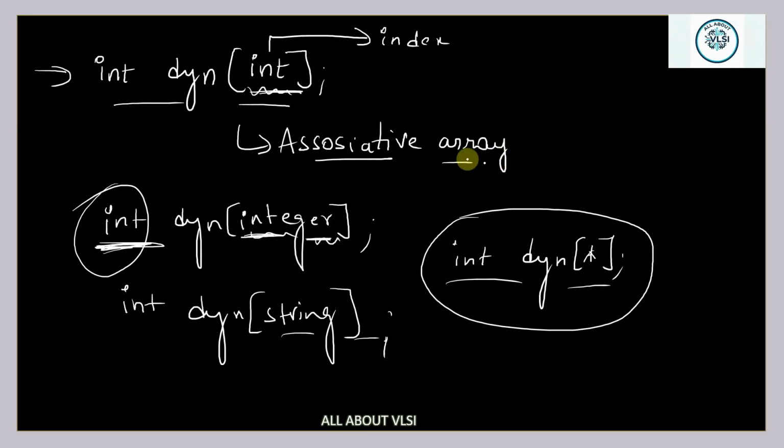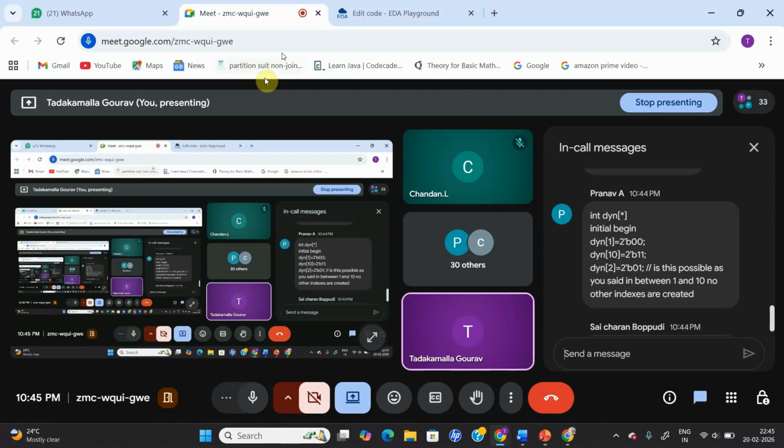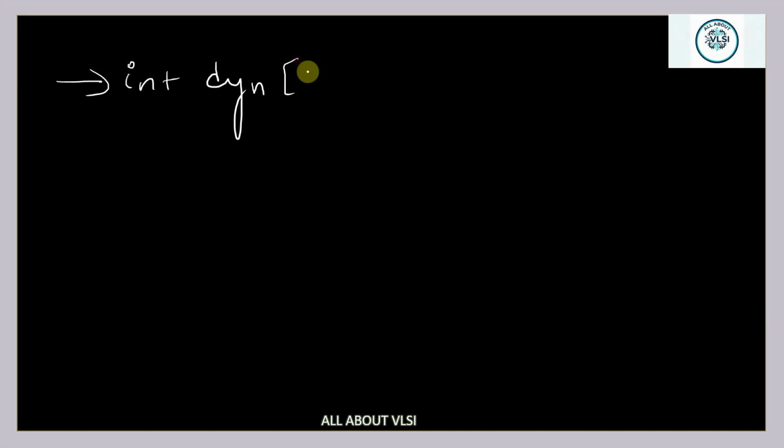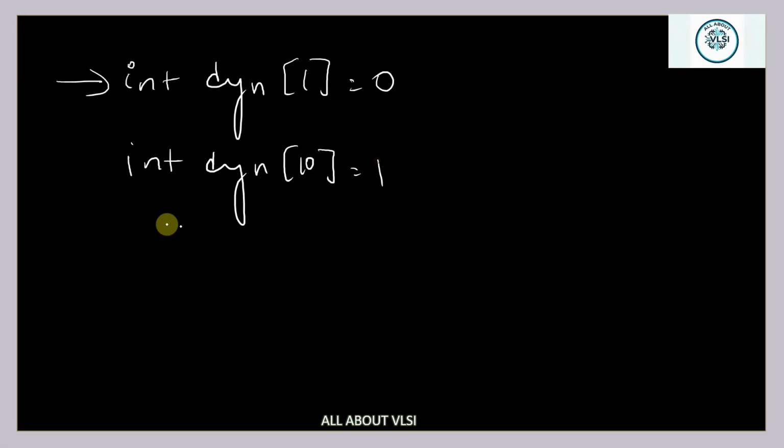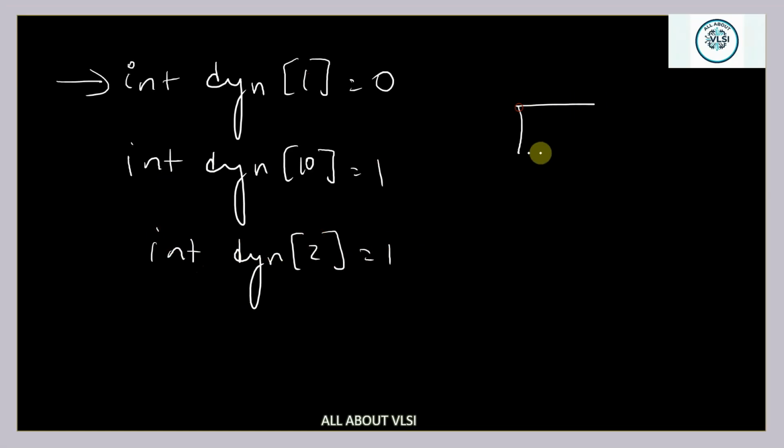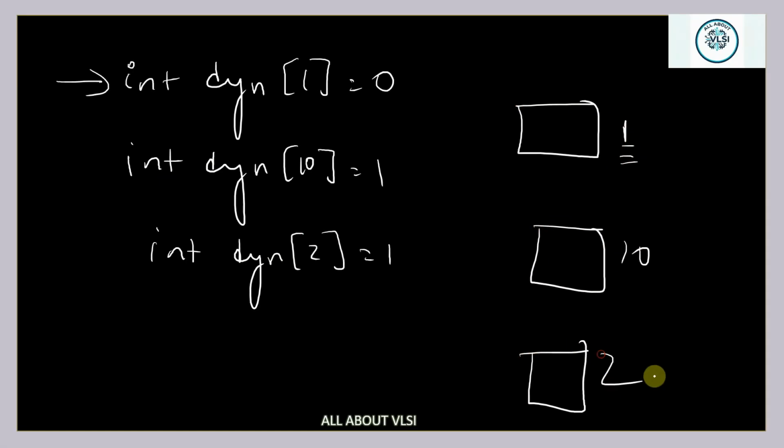Okay, Pranav, so what is your question? If I have created int dyn of 1 with some value, int dyn of 10 with some value, and int dyn of 2 with some value, then an array will be created with the locations with index 1, index 10, and index 2.